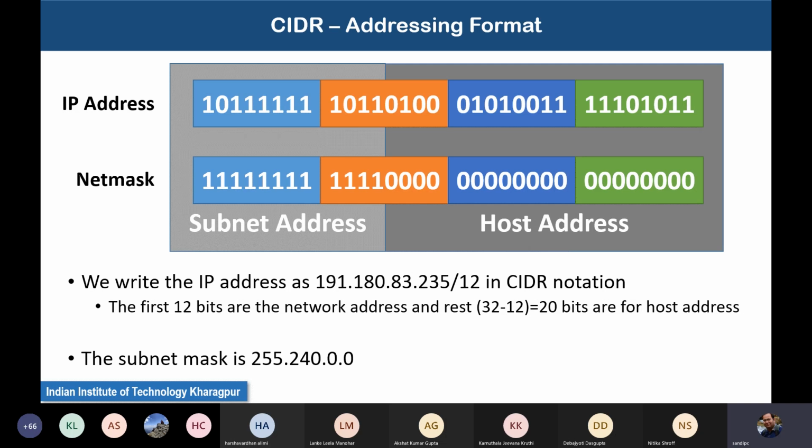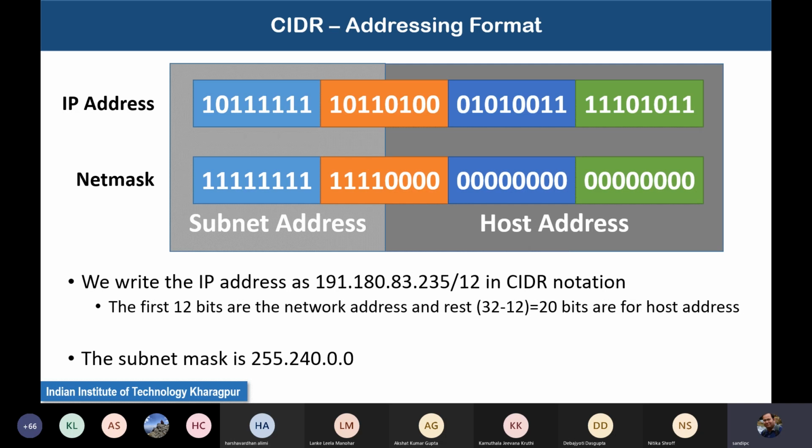Now what we are doing here is dividing this host part further, and in it I am just taking 4 bits to define a subnet, and the remaining bits I am moving as part of the host.